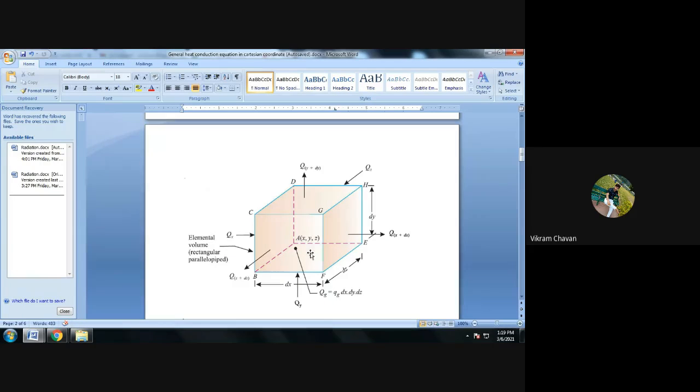Here we are considering that this particular element is also generating heat. So the total amount of heat generated, that is q suffix g, the heat generated by the element, will be given as q suffix g multiplied by dx multiplied by dy multiplied by dz, where dx multiplied by dy multiplied by dz is the volume of the element, and small q suffix g is the heat generated per unit volume per unit time.